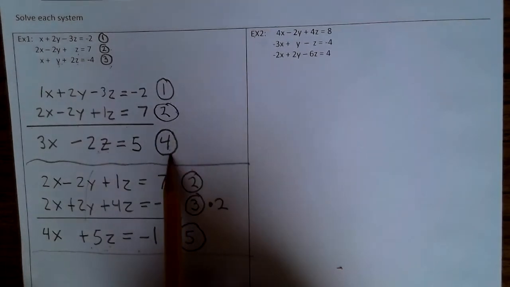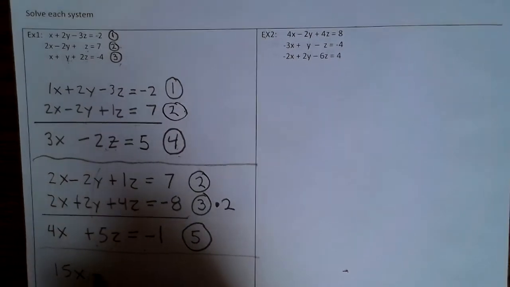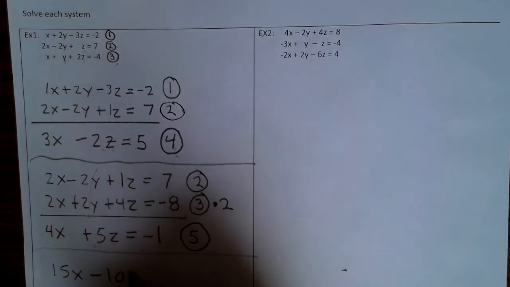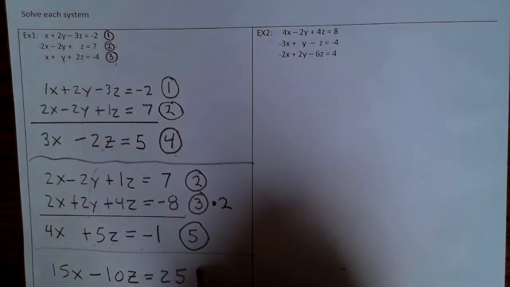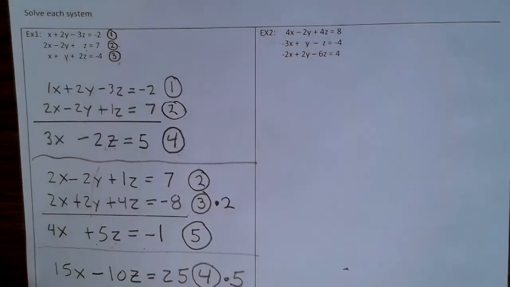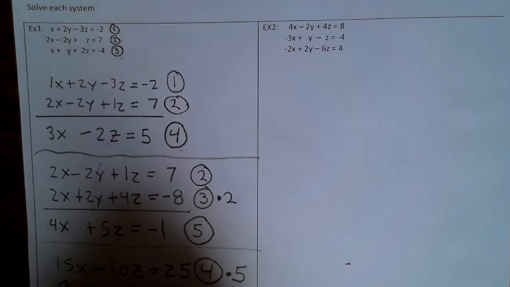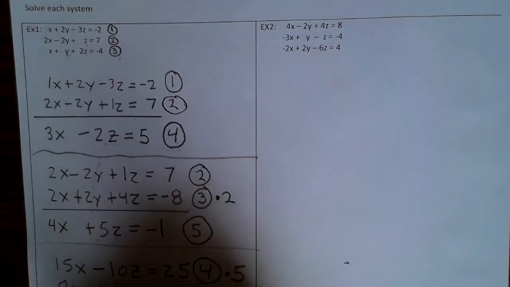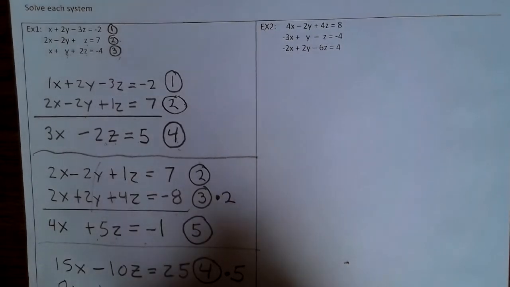So we're going to multiply equation 4 by 5. So 5 times 3 is 15x minus 5 times 2 is 10z equals 5 times 5 is 25. And this is equation 4 times 5. Now we're going to multiply equation 5 by 2. So that's 2 times 4 is 8x. 2 times 5 is 10z equals 2 times negative 1 is negative 2.